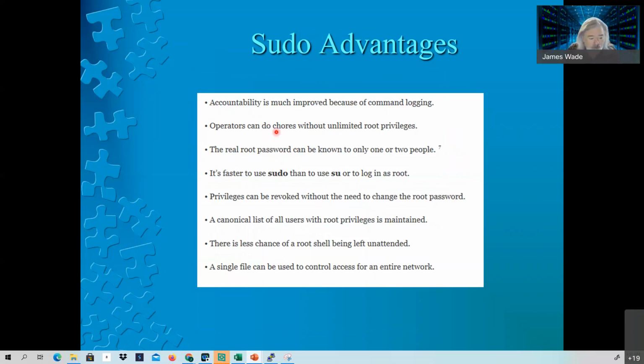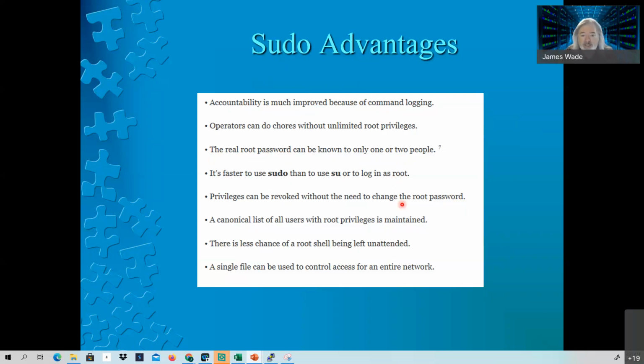The real root password can be known by only one or two people, and then you give other folks sudo privileges. It's faster to use sudo than to use su or to log in as root. Privileges can be revoked without the need to change the root password. We just go in, edit the sudoers file, and take away the privileges.